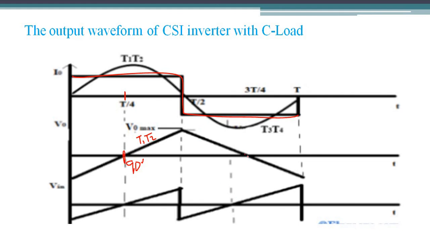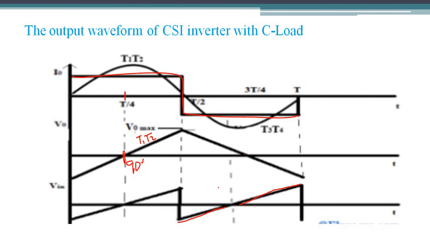Again here Vin is equal to minus V0. So this positive becomes negative, and this negative into negative becomes positive. Okay. So in this way the waveform will continue.